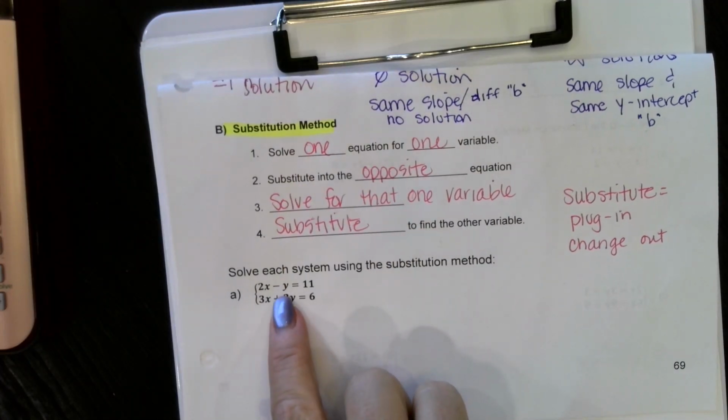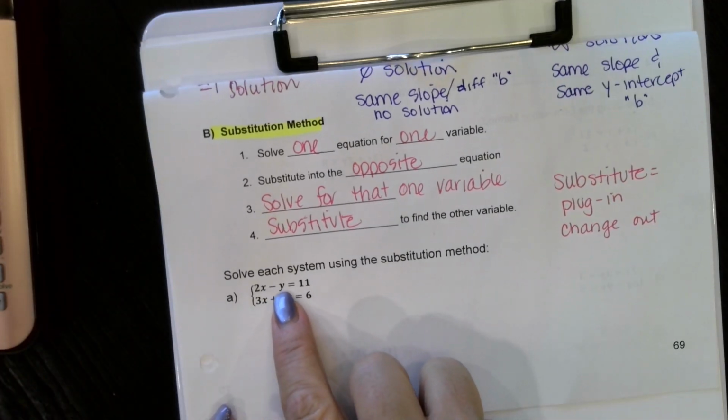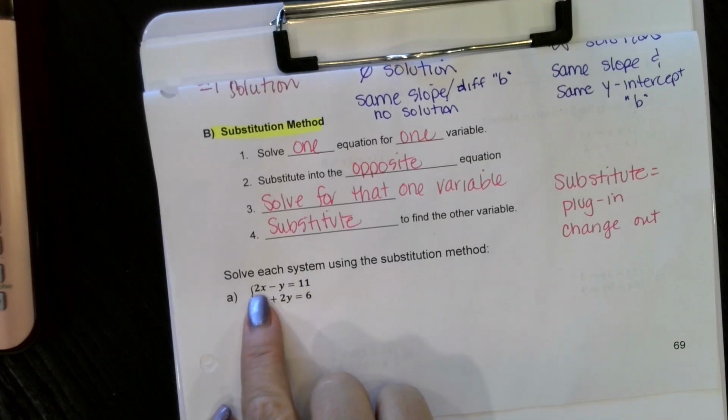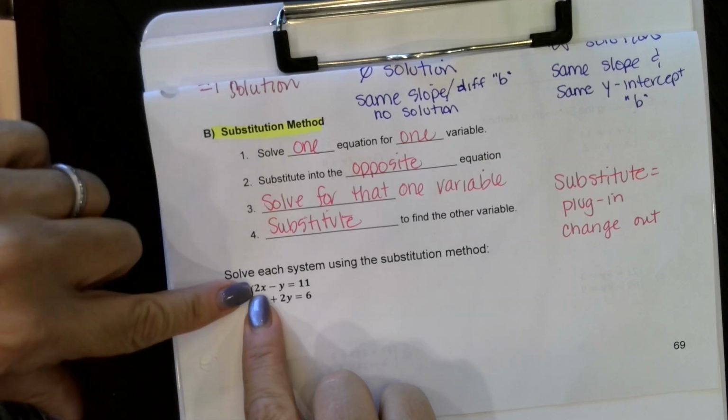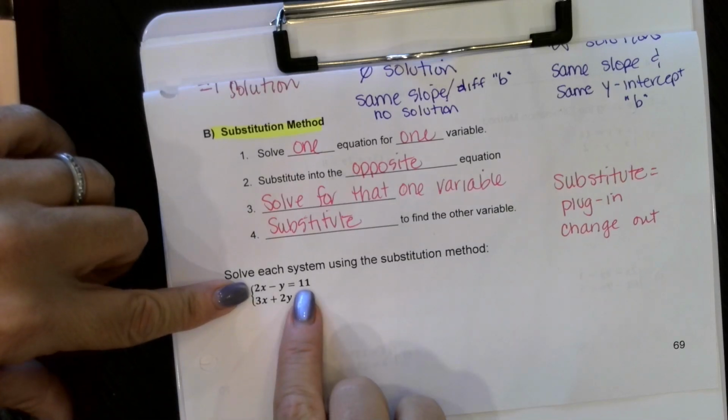So if I look at this, to me it makes sense to solve for either this y or this x or y. Here's why. If I solve for the 2x that's in the top equation, and I want to make it x equals, I'm going to have to divide everything by 2. That means I'm dividing 11 by 2. That means the rest of the work that I'm going to do is going to involve a fraction.